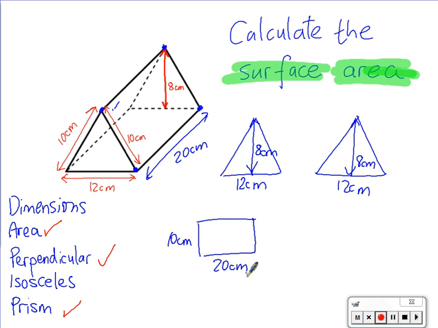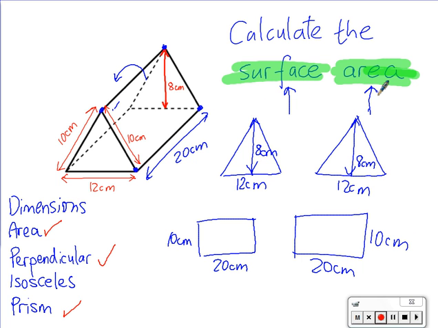On the other side, so over this side here, on the back if you like, that has exactly the same rectangle as the one we've just drawn, so we'll draw another one of those. We're breaking down the surface into the different areas.